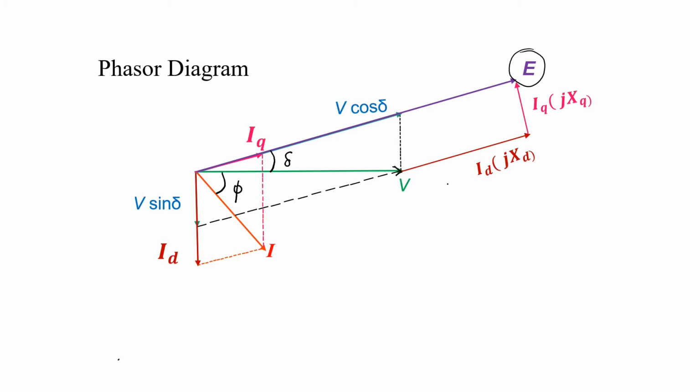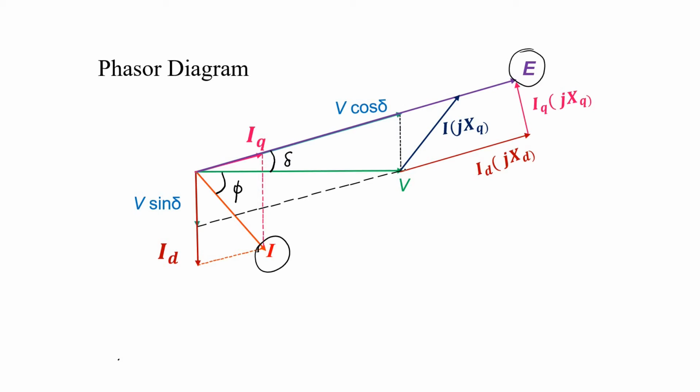Sometimes they may ask you to find the internal voltage, the internal EMF of the generator, or with respect to the generator terminals. If you add the reactance drop with respect to the resultant current, perpendicular to this current, you will add it to this voltage. So this is nothing but I into JXQ drop.